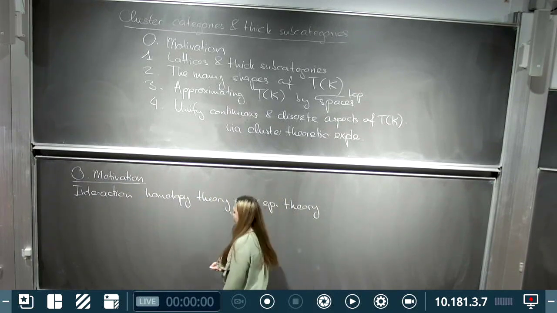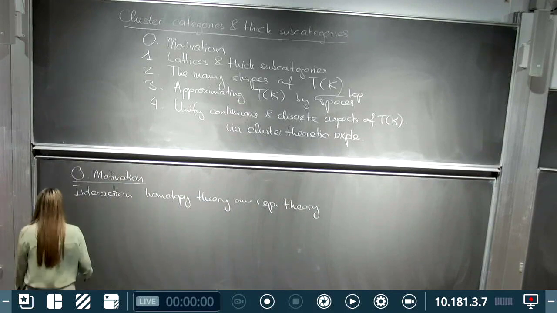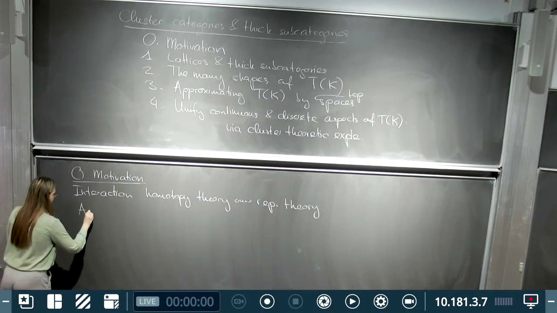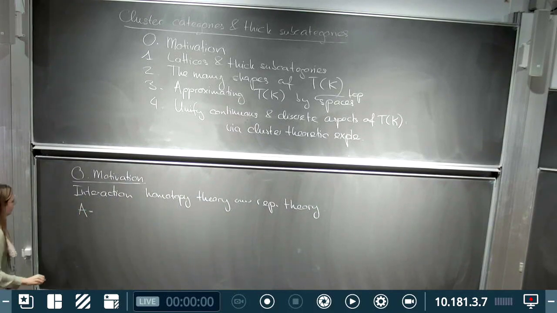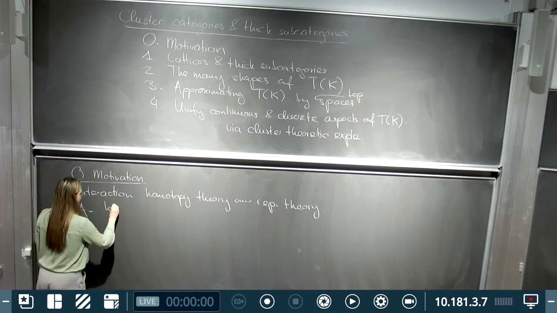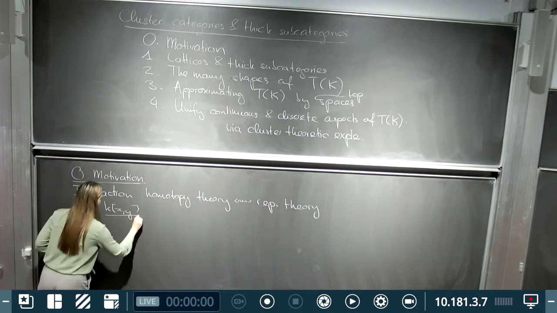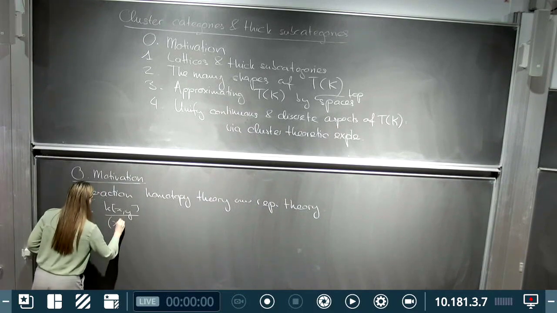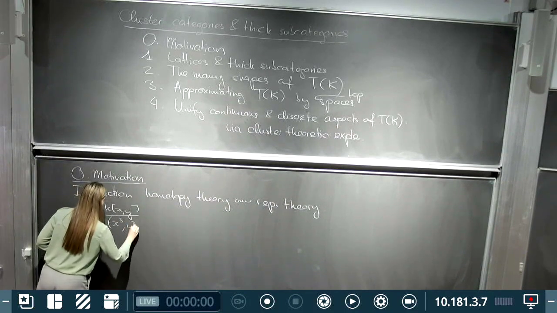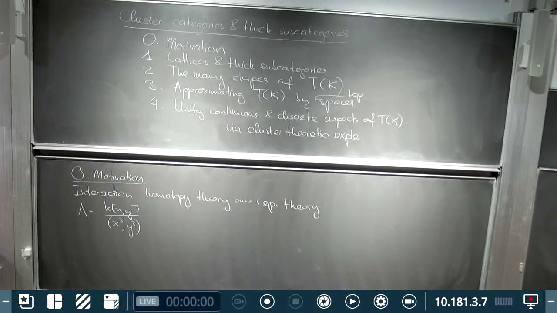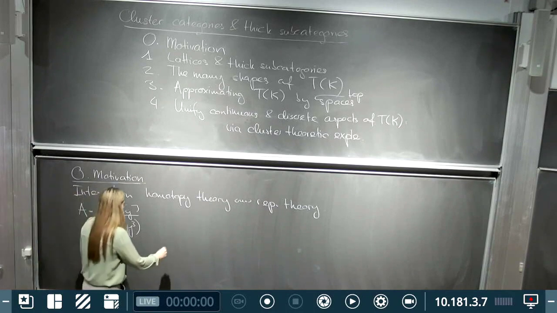And what we're going to do is look at some ring A. I'm going to take the polynomial ring in two variables and mod out by x cubed and y cubed. All right, so this is a commutative ring. Fantastic.